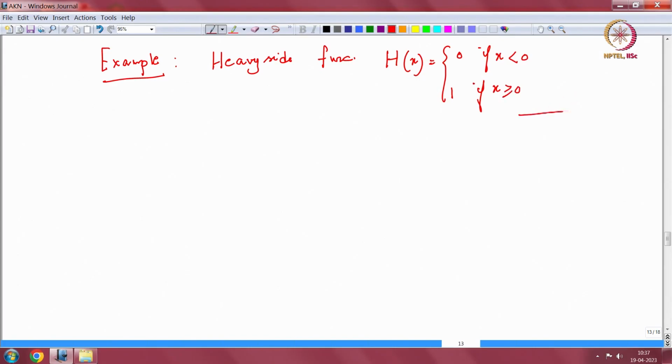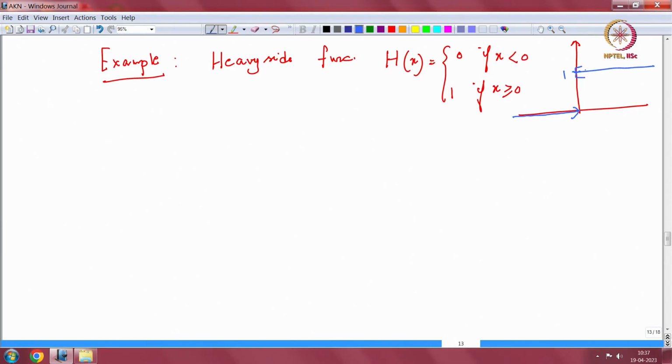So that means you have a discontinuous function, defined on R, with an open point here, and then at 0 you have 1.